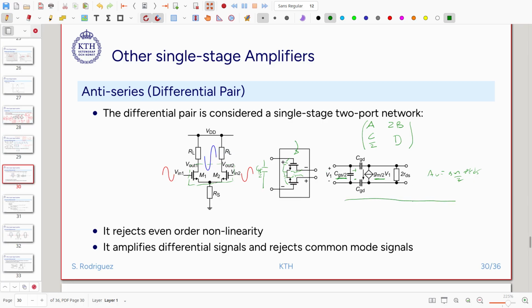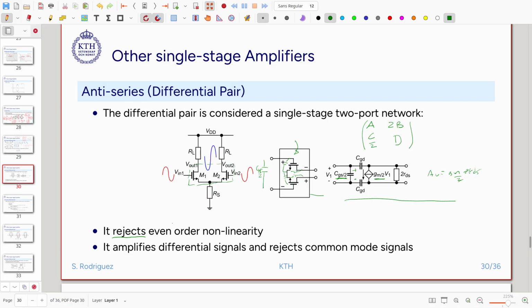Now let's see another interesting property of this. This is when I amplify the signal in a differential way. So why is this stage interesting? Well, it already applies some interesting correction when we talk about common mode amplification.